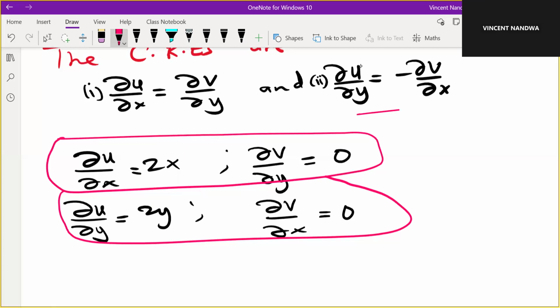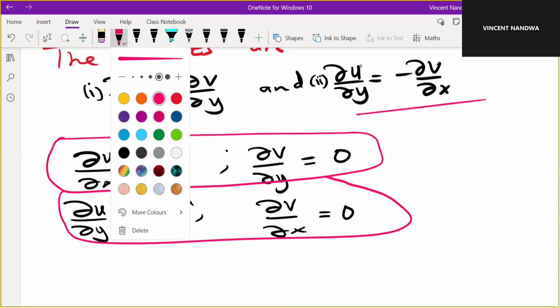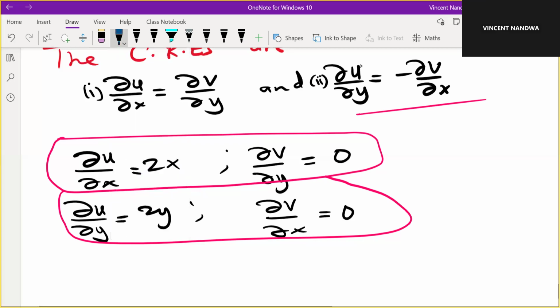For partial u, partial x to equal partial v, partial y, what's the value of x? X must be 0. So when you fix x at 0, then 2 times 0 is 0. So partial u, partial x will be 0, and partial v, partial y as given is 0.